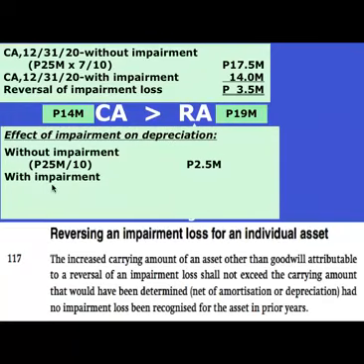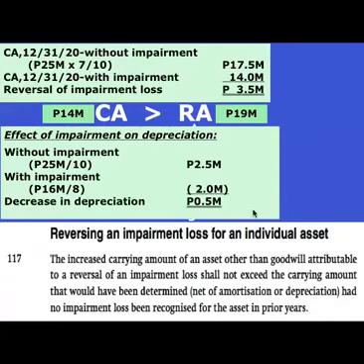But because of impairment, as computed earlier, magkano na lang? 16. Divide by 8. Naging 2 million na lang. So, disregarding impairment, 2.5. Okay? With impairment, 2 million. So, what happened to depreciation because of impairment? Decrease by 0.5.